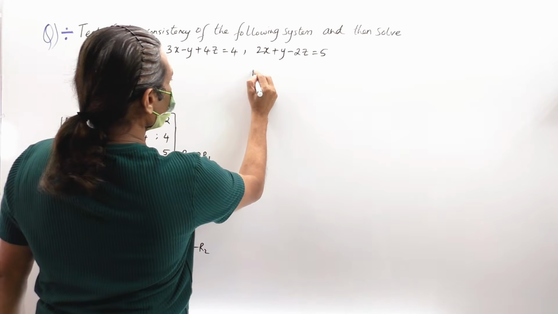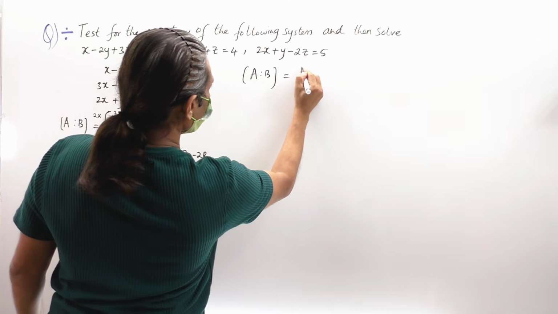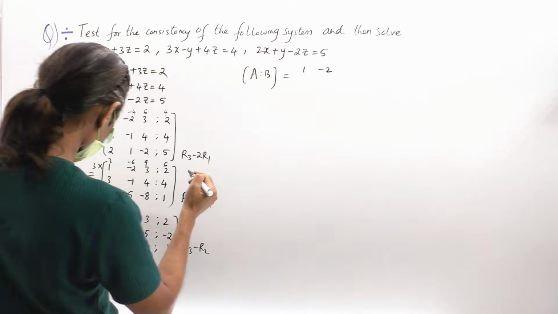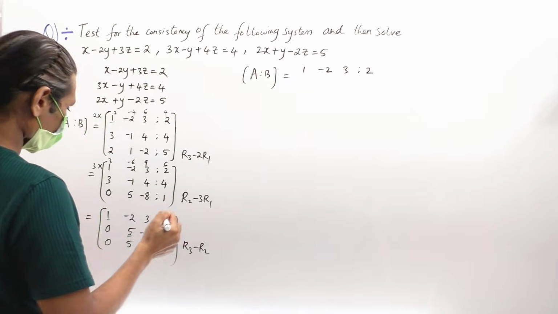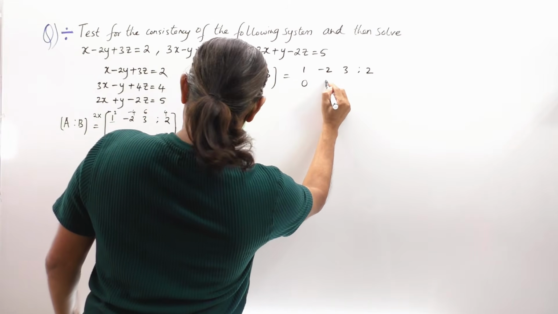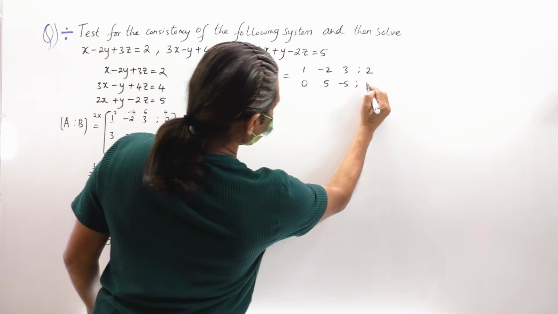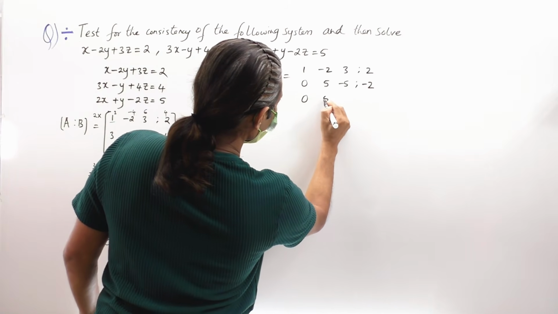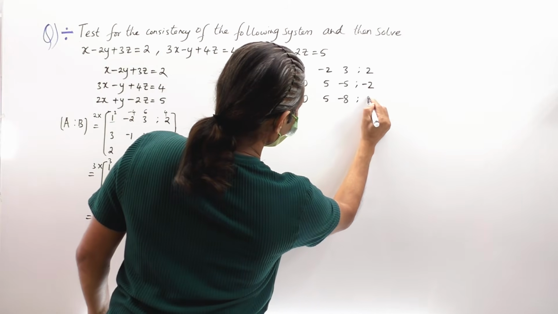So, we have A augment B equals here 1 minus 2, 3 colon 2 as it is, then 0, we have 5 minus 5 and yeah, minus 2 as it is. Lastly, 0, 5, minus 8 and 1 as it is.